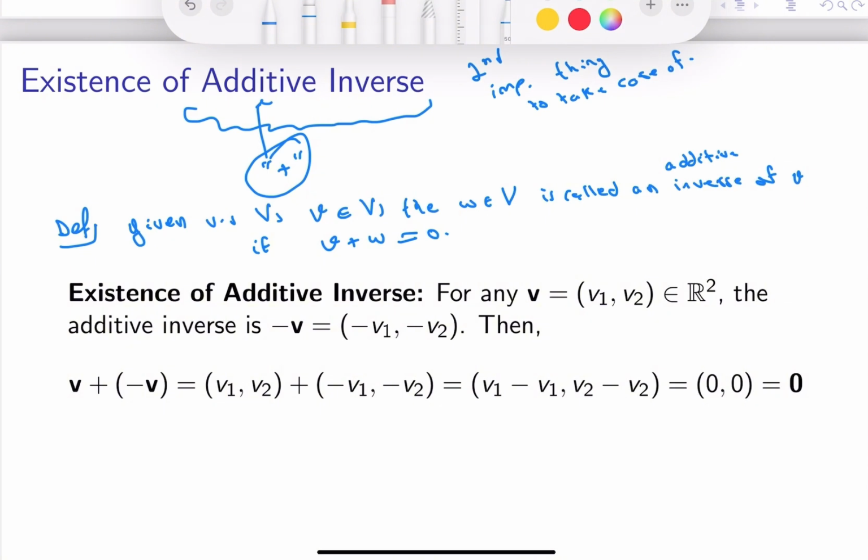You want when you add the element omega to v to get 0. And we call omega the inverse of v. So what is the axiom that we're trying to check? We're trying to check that every element in the vector space has an inverse. So we want to start with a generic element. We start with any element of R2, v1, v2, and we require this to have an inverse.